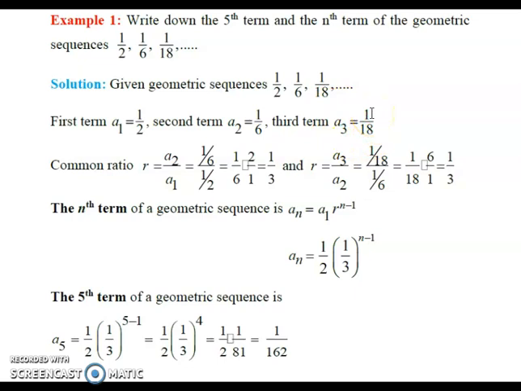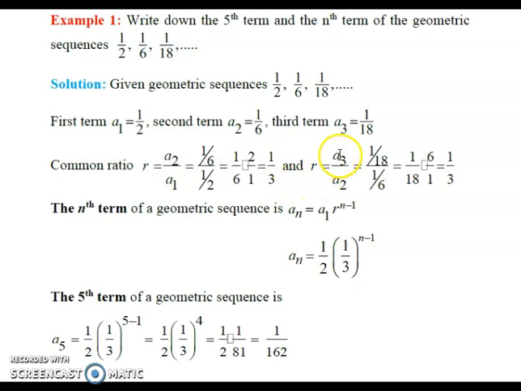First we can find the common ratio r. a2 divided by a1 is equal to 1 by 6 divided by 1 by 2. From this, 1 by 6 multiply 2 by 1, 2 multiply 1, 2 multiply 3, 6. So 1 divided by 3.